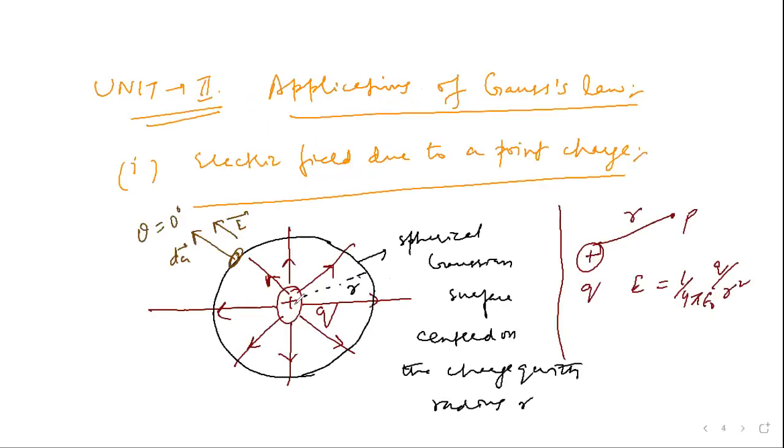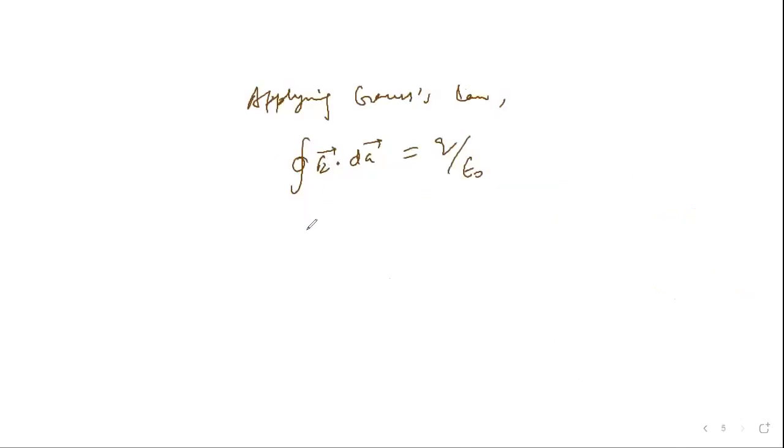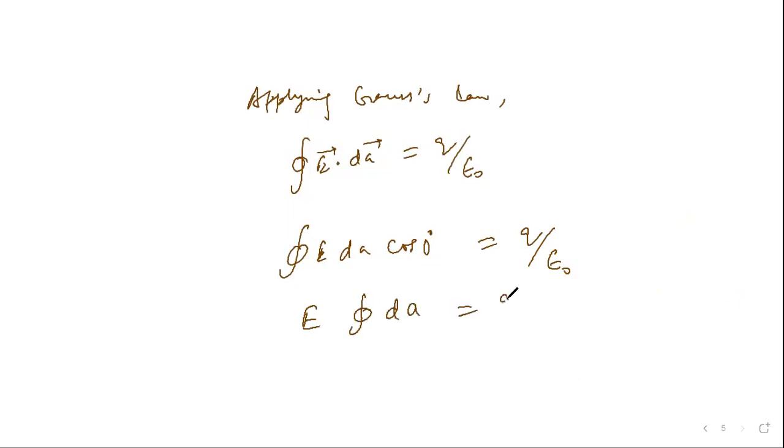That is Q, right? Now, what is my electric flux? First, it will become E dA cos 0, because everywhere electric field and area vector are parallel. Then it will become E closed integral dA is equal to Q by epsilon naught, right?